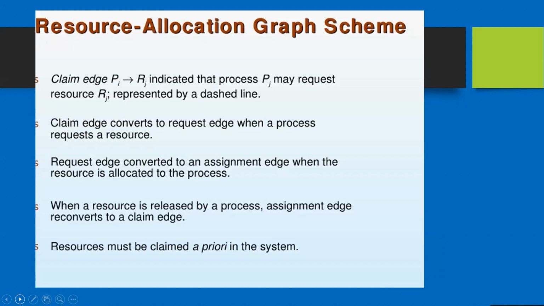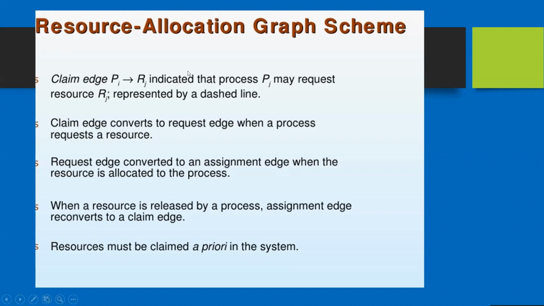Claim edge Pi to Rj indicates that process Pi may request resource Rj. That means process Pi may request resource Rj during the tenure of its execution.